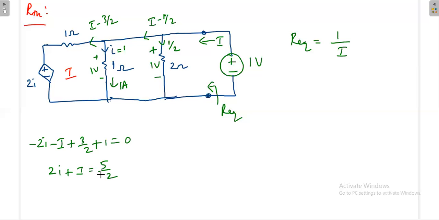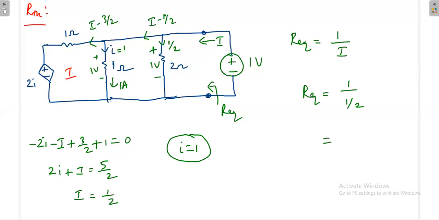Now you know here small i is equal to 1, that you can substitute here. If small i is equal to 1, then I is equal to what? 1 by 2. If I is equal to 1 by 2, what is R equivalent? R equivalent is equal to 2 ohm.